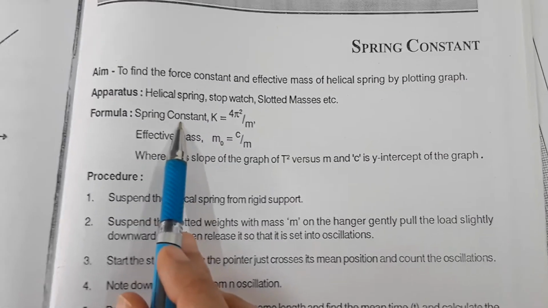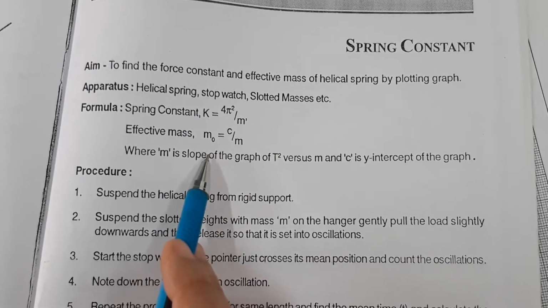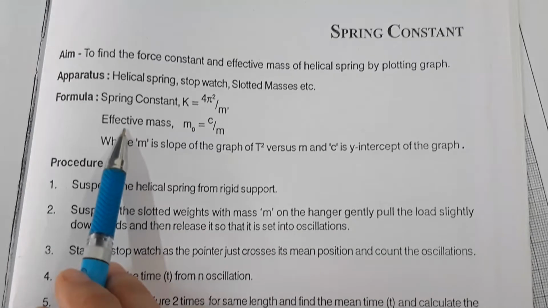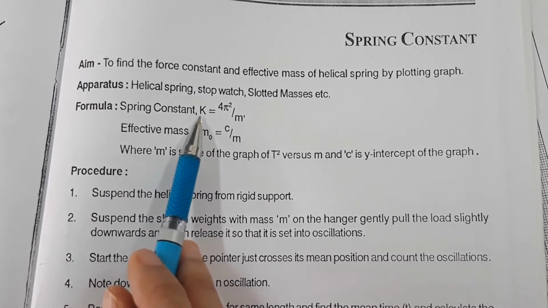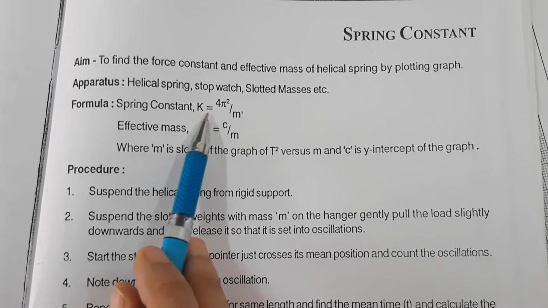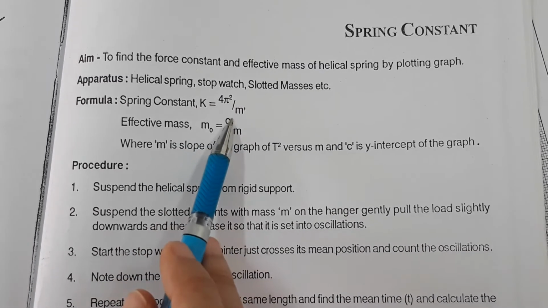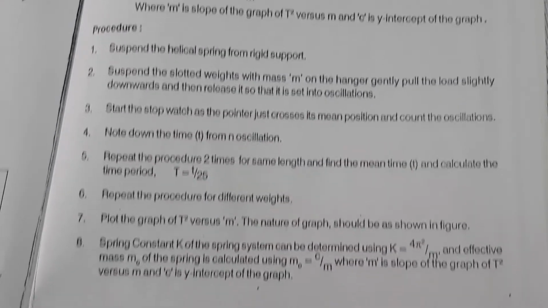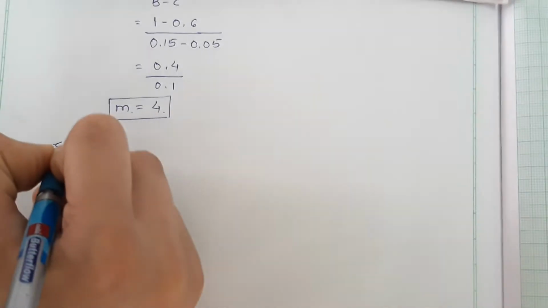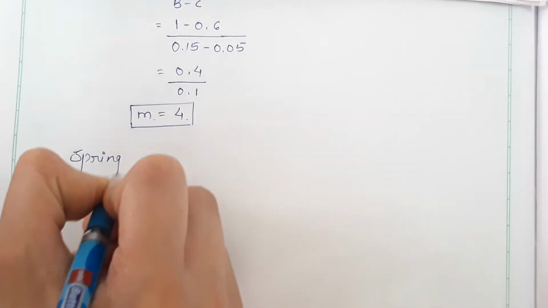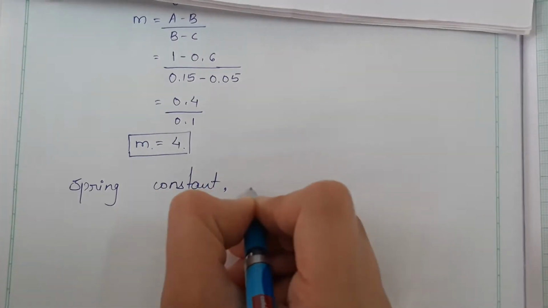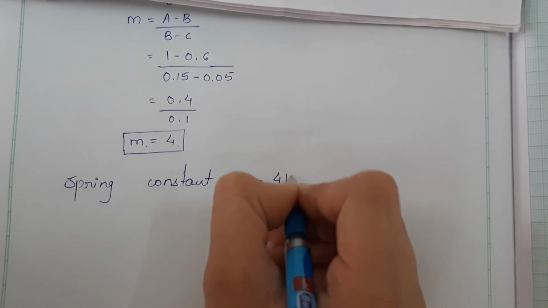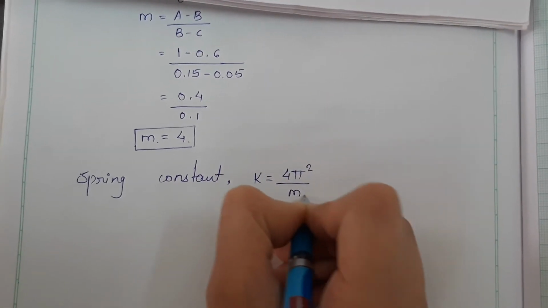In this experiment we are going to find the value of the spring constant and the effective mass. First we will calculate the spring constant. The formula is K equals 4 pi square upon m.